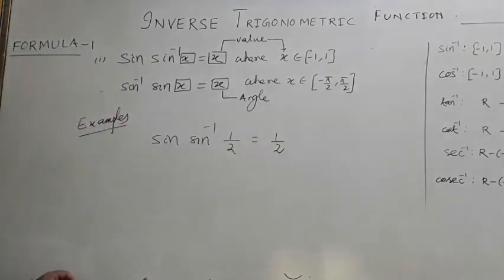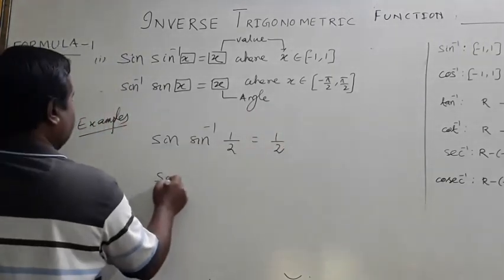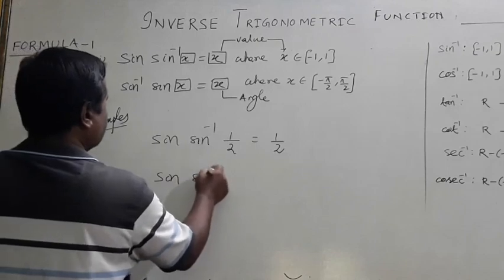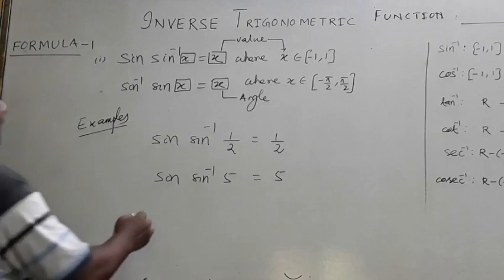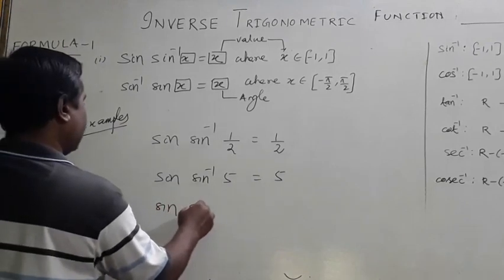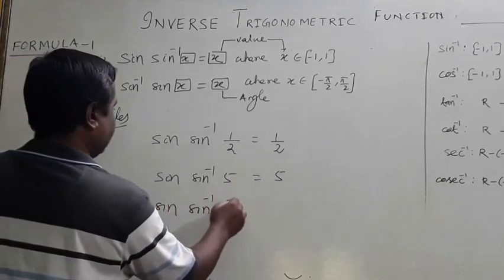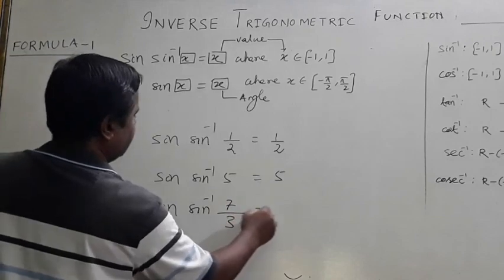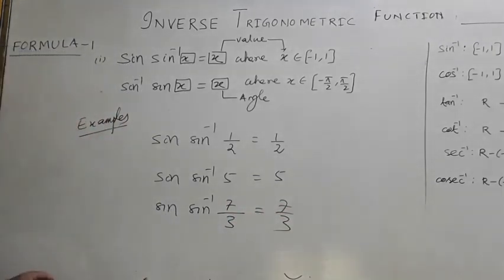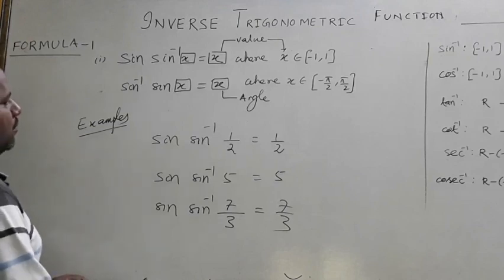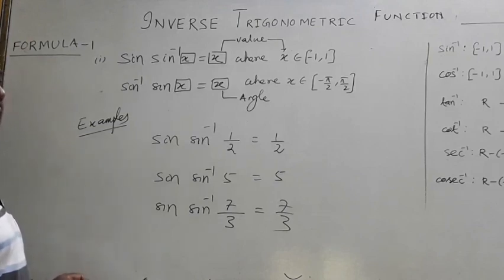You have to tell whether it is wrong or right. Sin inverse 5 is equal to 5. Sin inverse 7 by 3 is equal to 7 by 3. Tell me which of them is correct and which are wrong.